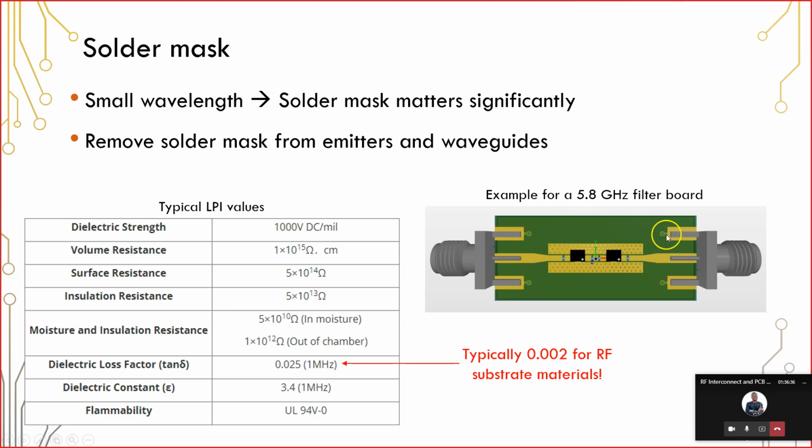And you can see that here in this little filter board. So this filter board operates at 5.8 gigahertz, and we pulled off the solder mask to reduce all of the losses. We have a couple of passive filters here. And then you can see here we have some very tiny inductors. So this particular board, having all the solder mask pulled off, eliminates this source of loss.